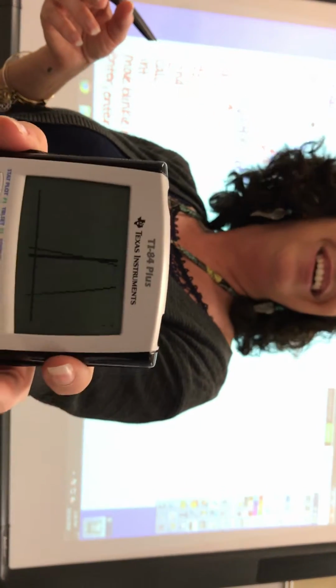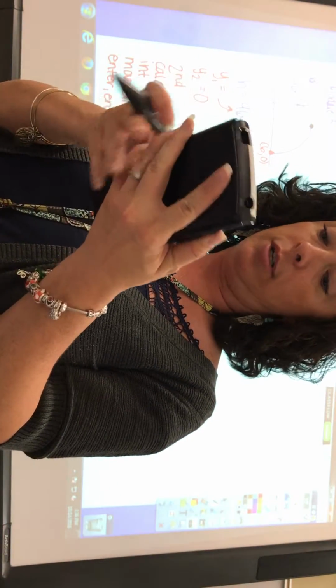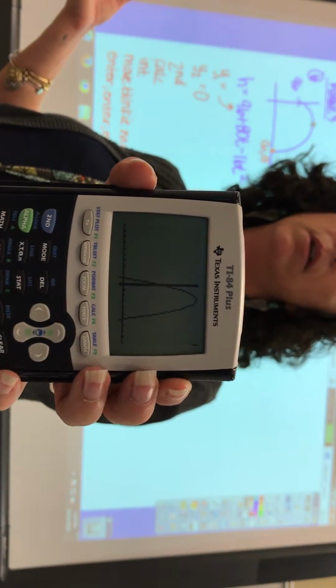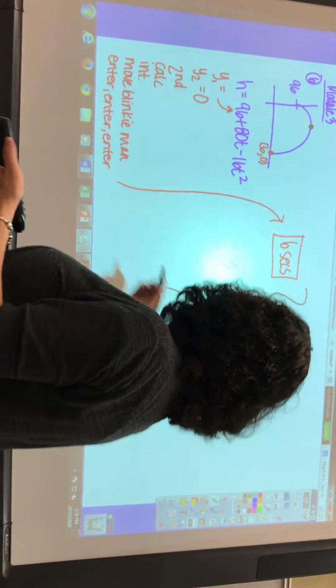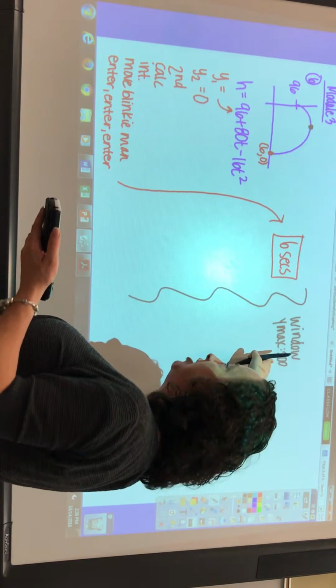It's closer, but it didn't quite get there. So now I change the Y max to 200. Probably another one would have worked, no problem. Okay, 200 worked, great. I can see it now. I changed my Y max to 200, though other values would work.